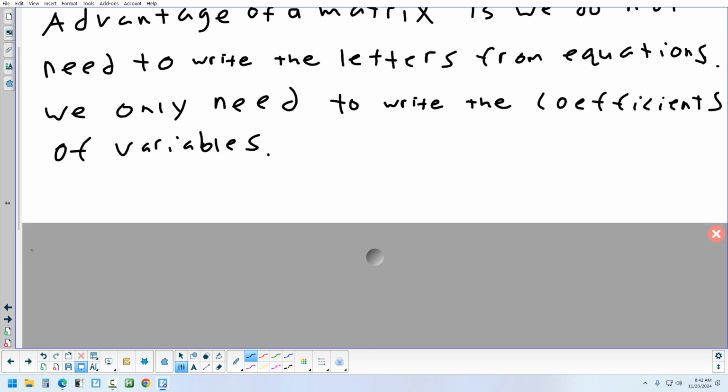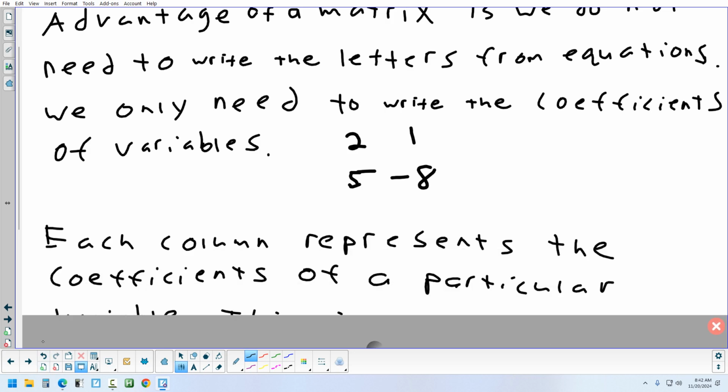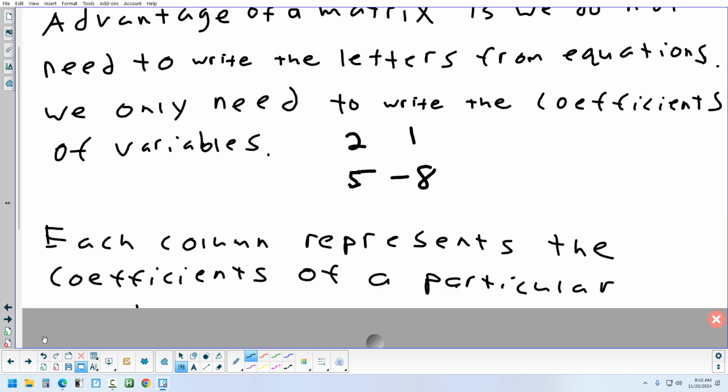So if we're just writing numbers, then how do we know, if we did something like 2, 1, 5, -8, where those numbers were? When we turn it into a matrix, all the letters are gone. Well, each column is going to represent a variable.